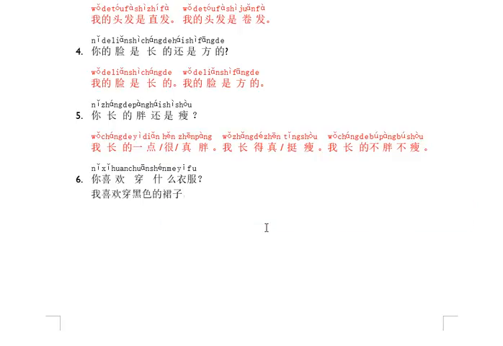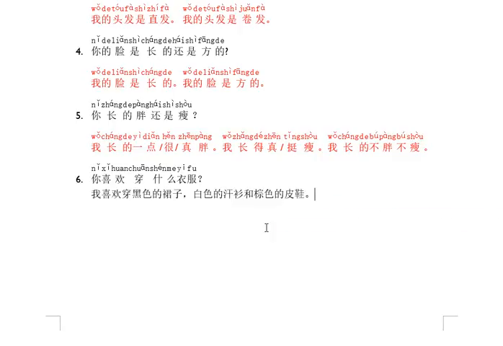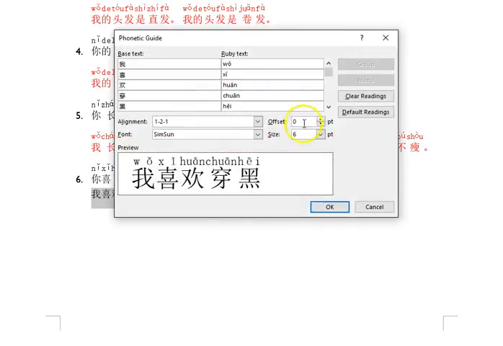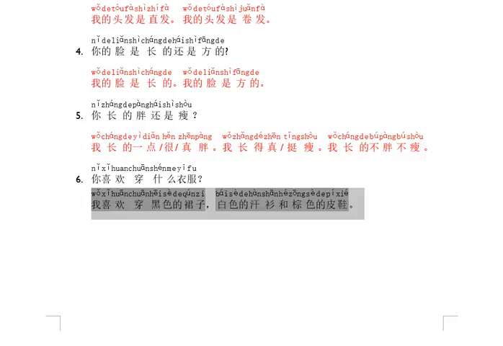I like to wear black skirts, 白色的汗衫 white t-shirts 和棕色的皮鞋 and brown leather shoes. Okay, so those can be separated with listing commas. So there I've got to go back through and double check that I've got a listing comma in there because I'm listing off things I like.